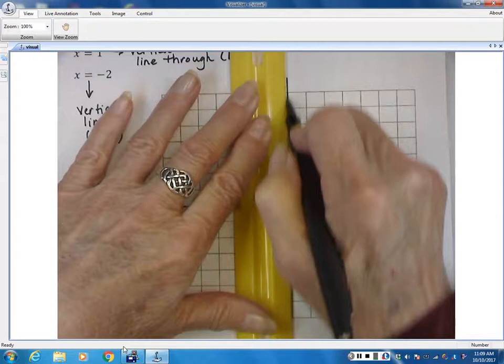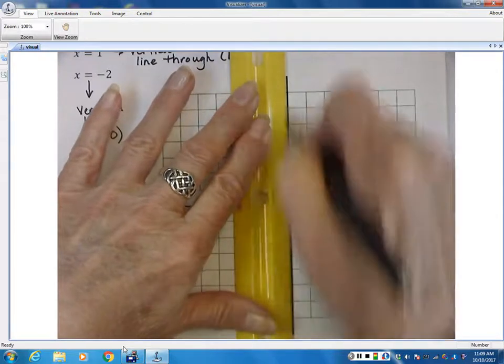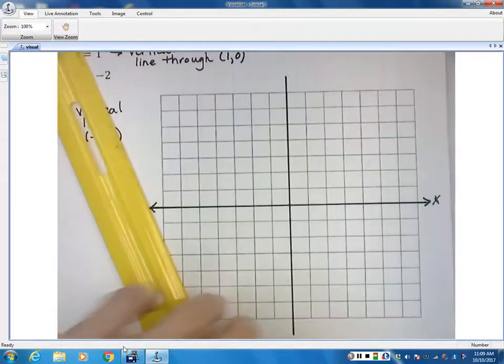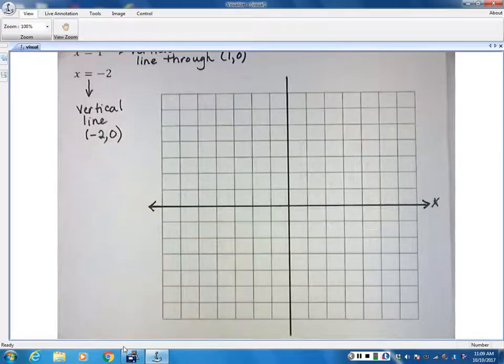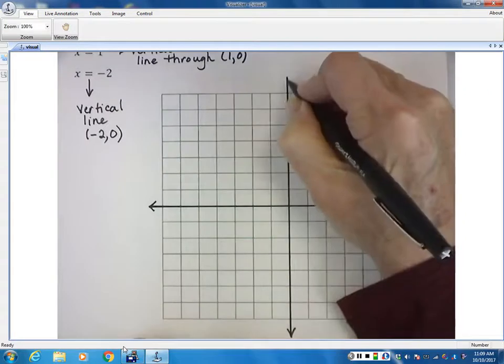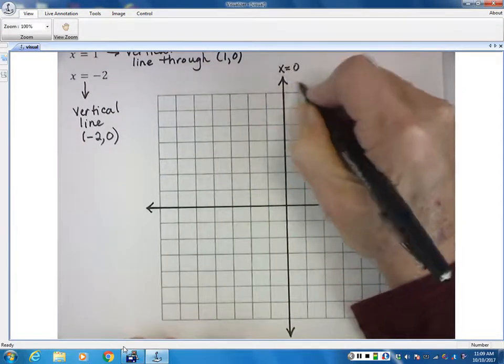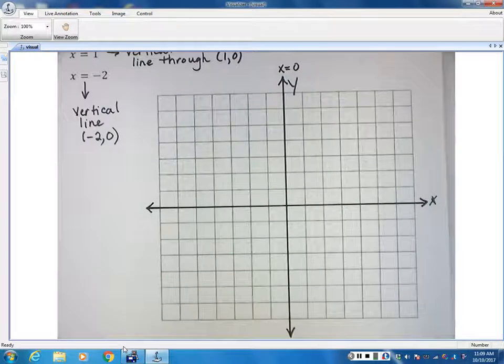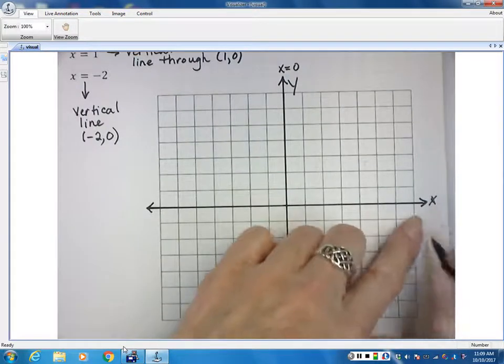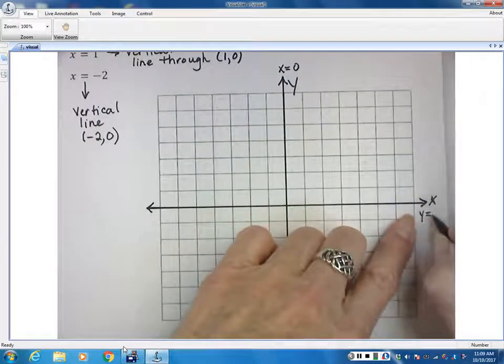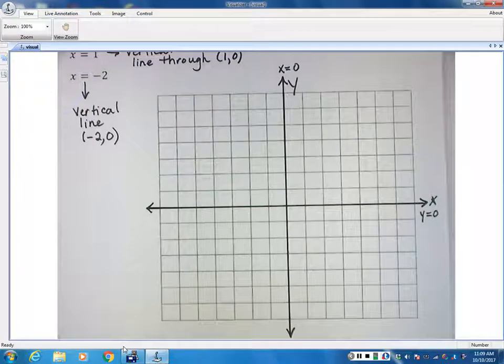And the line I'm drawing right now, you need to understand, these two lines actually have equations. The equation of your y-axis is x equals 0. Just like the equation of your x-axis is y equals 0. They do have equations.